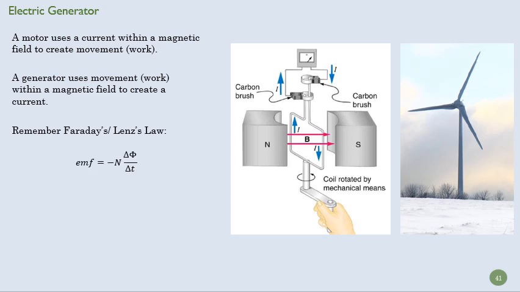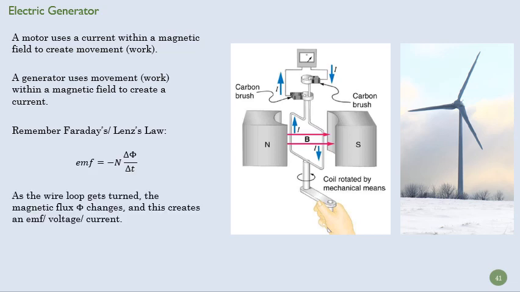So we have Faraday-Lenz's law. This is really crucial to how a generator works, because it's going to tell us what the voltage is. As the wire loop gets turned, what's happening to the flux through our loop? It's changing, right?